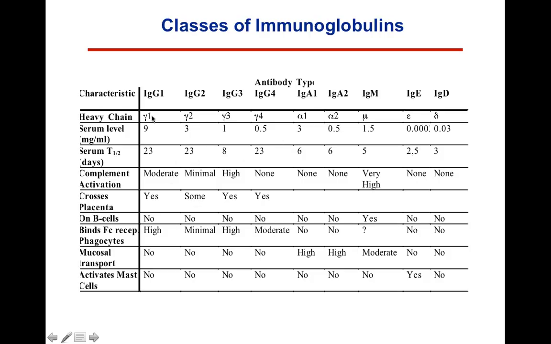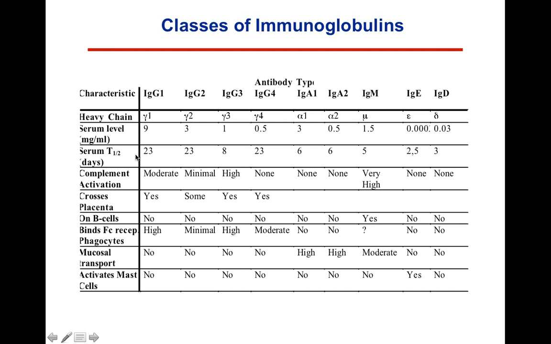Now remember the heavy chains up here: for IgGs, you have 4 different types of heavy chain, gamma; for IgA, heavy chain alpha, with 2 different subtypes; one type of heavy chain for mu, epsilon, and one heavy chain delta for IgD. Serum levels you can see here, in mg per ml. IgG1 dominates, and whole IgGs dominate everything, followed by IgA and then IgM.